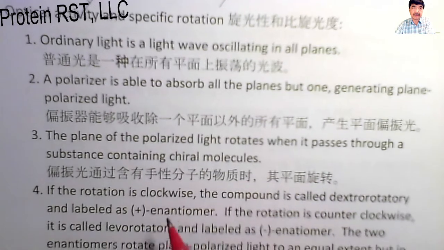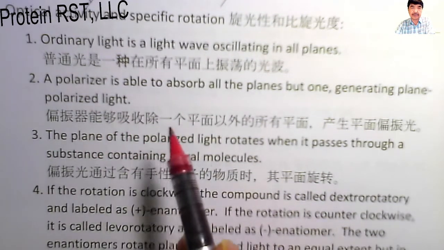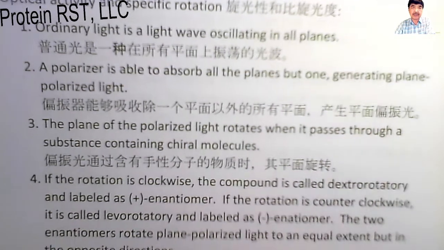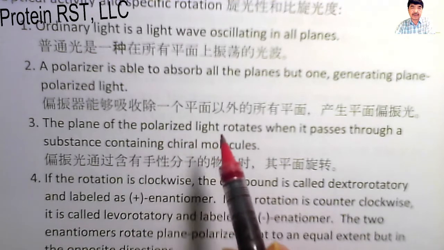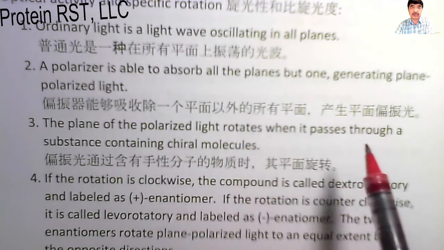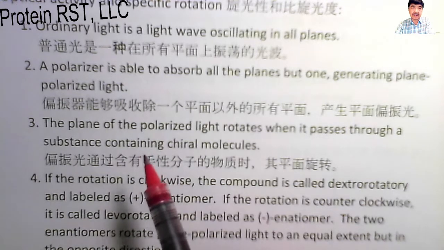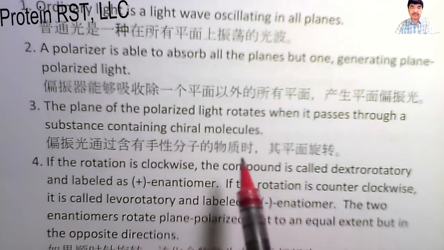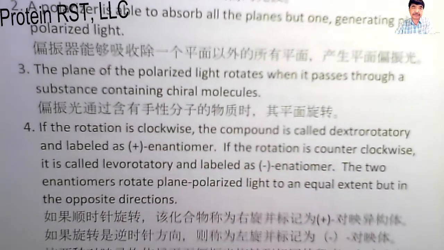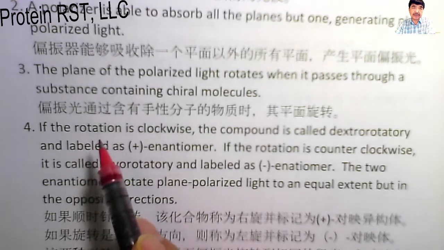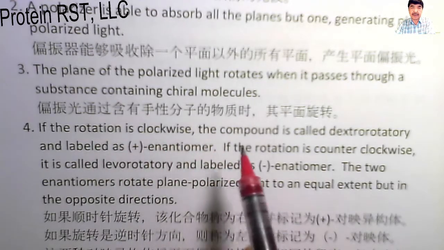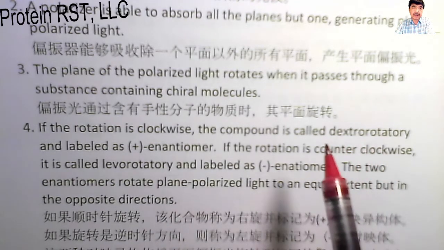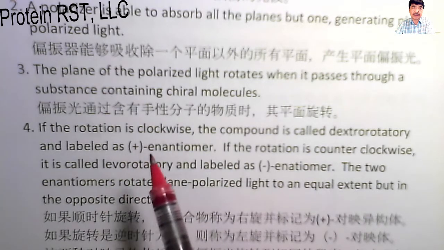The plane of polarized light rotates when it passes through a substance containing chiral molecules. If the rotation is clockwise, the compound is called dextrorotatory and labeled as a plus enantiomer.